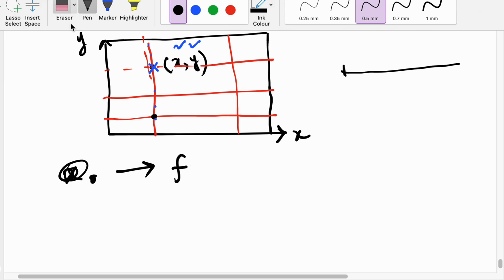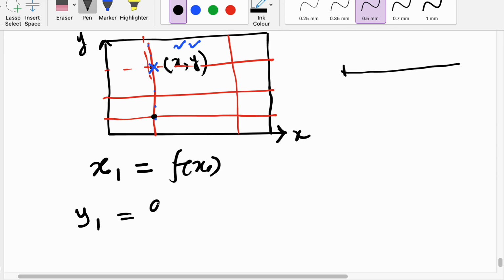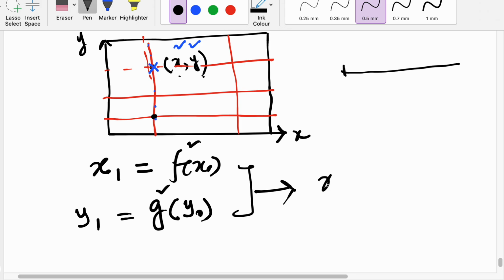Suppose x1 is f of x0, but y1 is g of y0. So there are two different kinds of map which take these two points x0 and y0 to another position x1, y1.